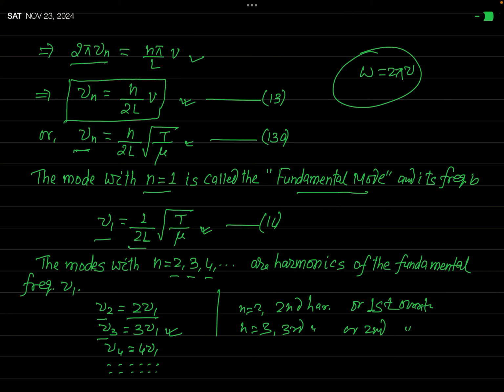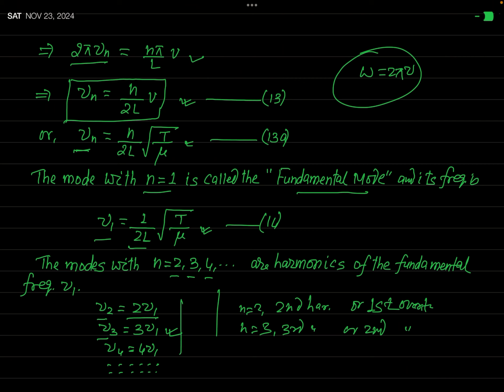So from this result you can conclude that a string has an infinite number of possible frequencies of vibration, which are harmonics of the fundamental frequency nu 1. The fact that the mode frequencies nu 2, nu 3, nu 4, etc. are harmonics of the fundamental mode frequency nu 1 is a result of our assumption that the string is perfectly uniform and flexible.